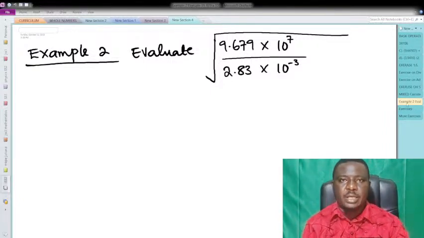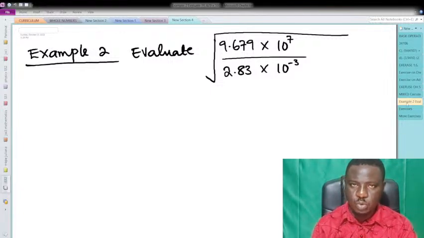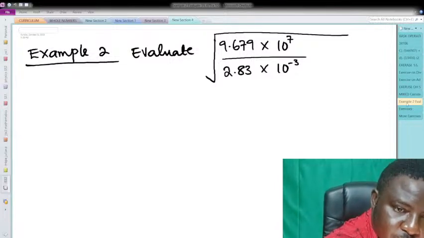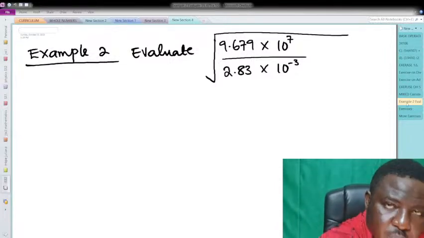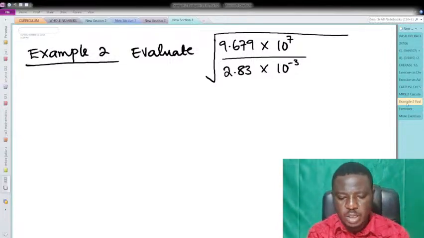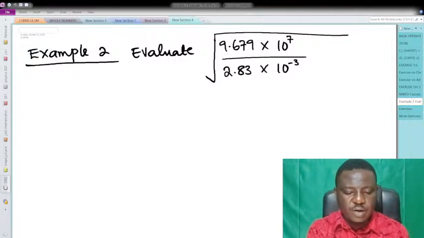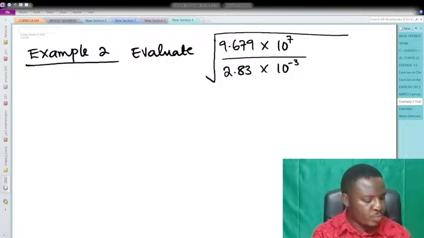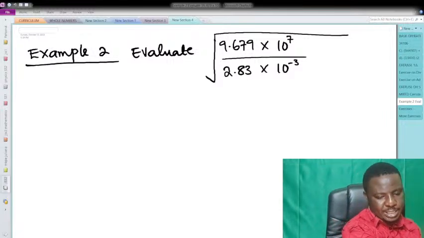Okay. In example 2, we are asked to evaluate the square root of 9.679 times 10 to the power of 7 divided by 2.83 times 10 to the power minus 3.